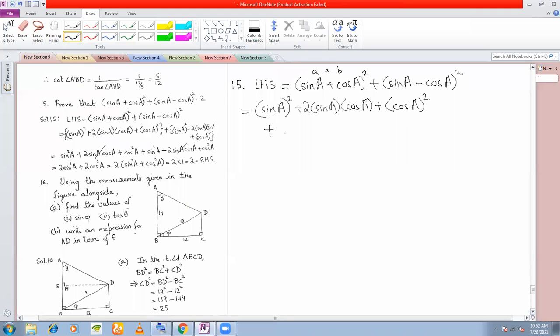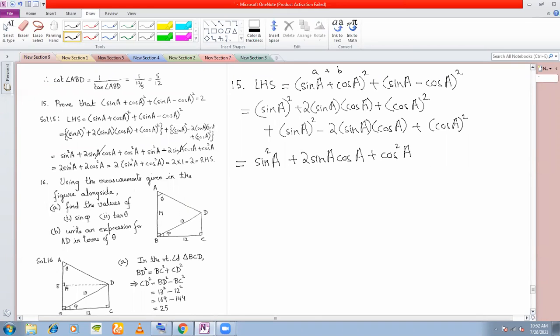So plus A² minus 2AB plus B². Okay. So this is now sin A whole square is sin² A, and 2 sin A cos A, plus cos² A. Cos A whole square is cos² A. So this part I have already written here, right?